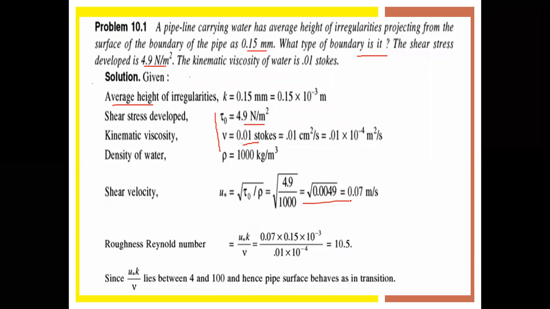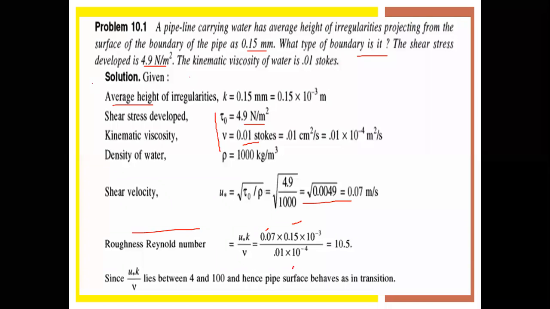Got it? So just derivation ante. Just applying this one, U star shear velocity కనుక్కోాలి కాబట్టి U star is equals to root of tau naught by rho. Now what is the Reynolds number? Reynolds number is U star K by V. Therefore, substituting U star value and K value divided by V, we are getting 10.5.